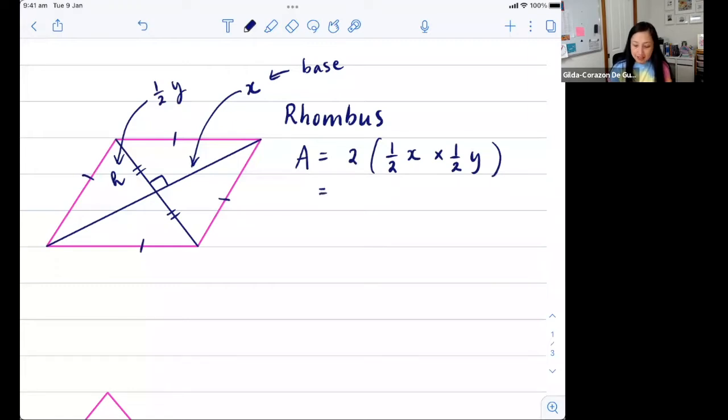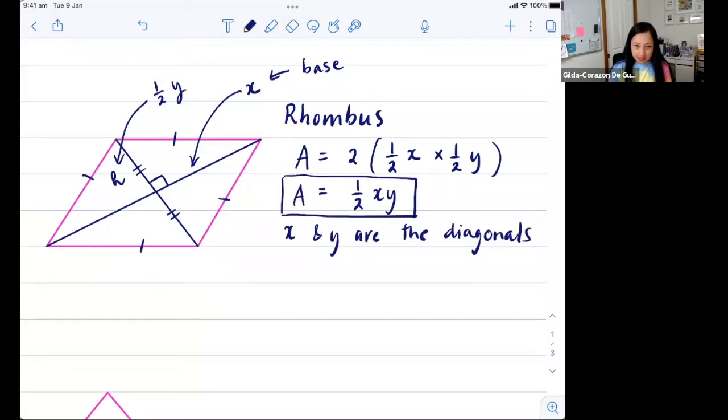And what would that be equal to? We can say numbers first, then letters. What's 2 times a half? That's just 1. 1 times a half, you get 1/2. And then you have x times y, or simply xy. And what are the xy's? The x and y are the diagonals.